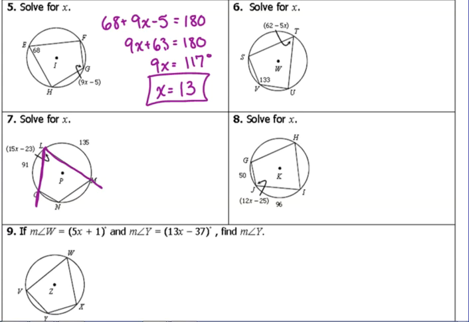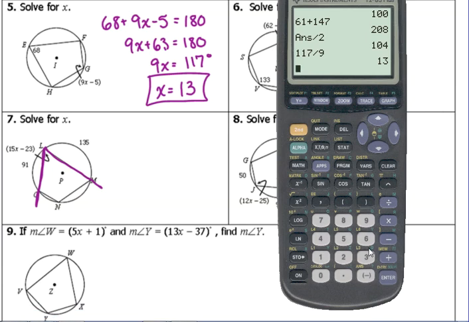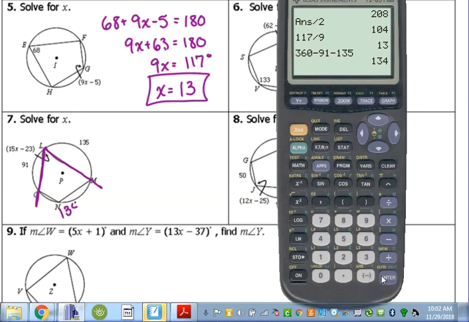But I do not know the measure from O to N to M. Can I figure it out? Yeah, how? Subtract from 360. Oops, 136, 135. So we got 134 from O to N to M.